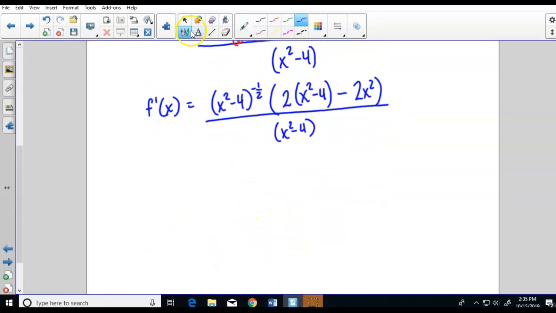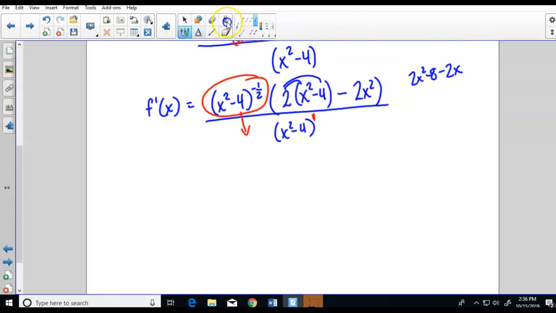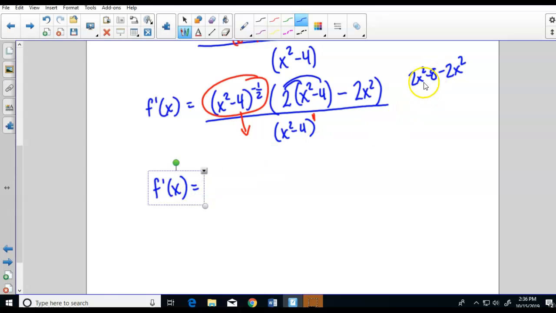And so we can send this down to the bottom. Those two are the same, so we can combine them. This is to the first power here. Up here, we're going to distribute that 2, which will give us 2x squared minus 8 minus 2x squared. So whenever we combine that 2x squared and the negative 2x squared, you just get 0.